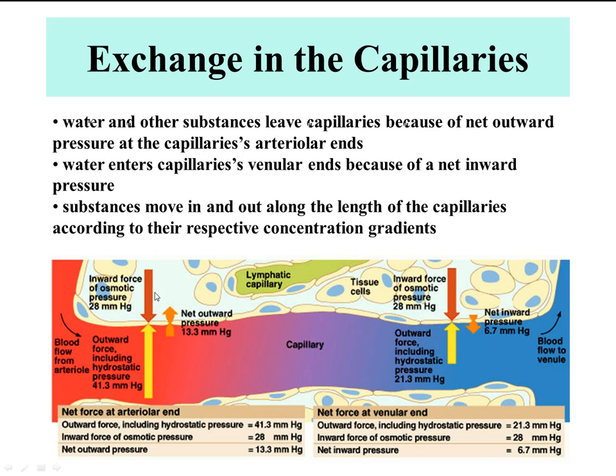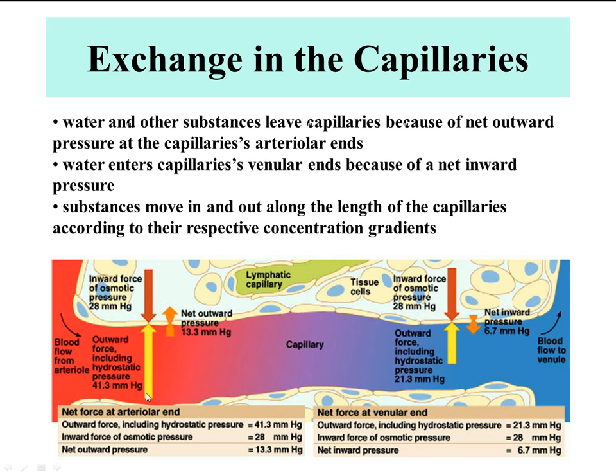Out here in the fluids, you can have some return of water, just a little bit, because there are going to be more solutes in the blood than there are out in this interstitial fluid. So you're going to have a little osmosis going on.